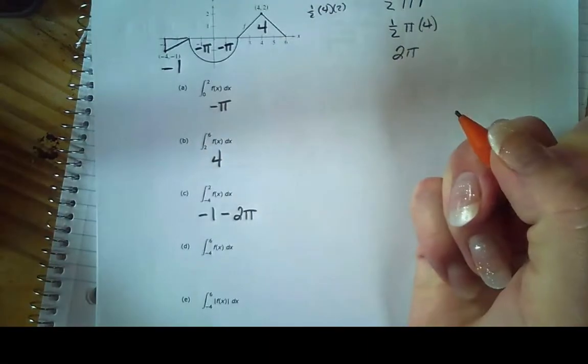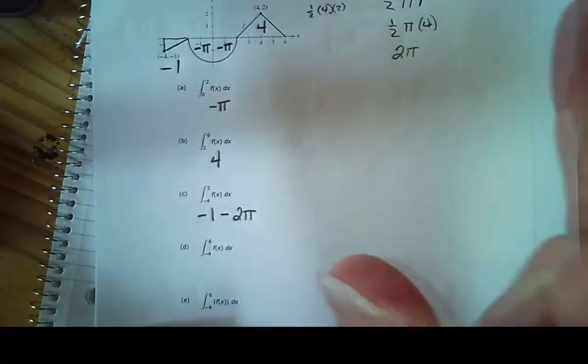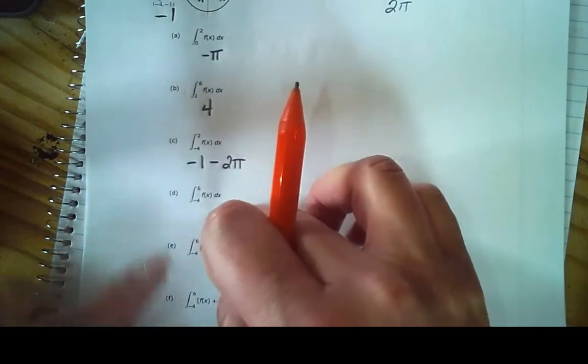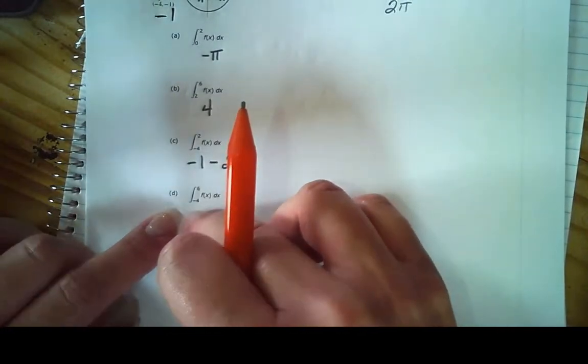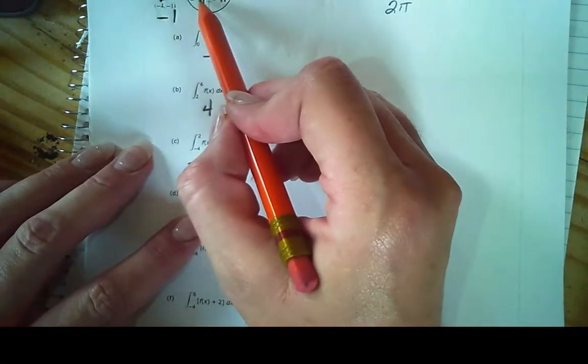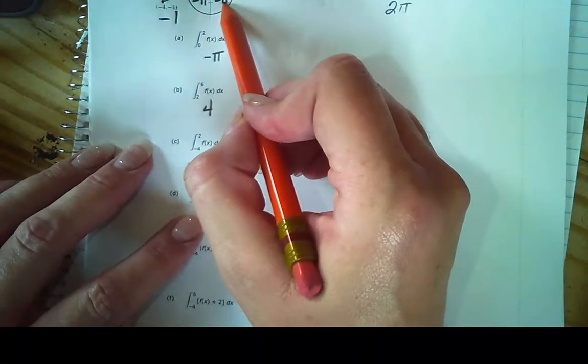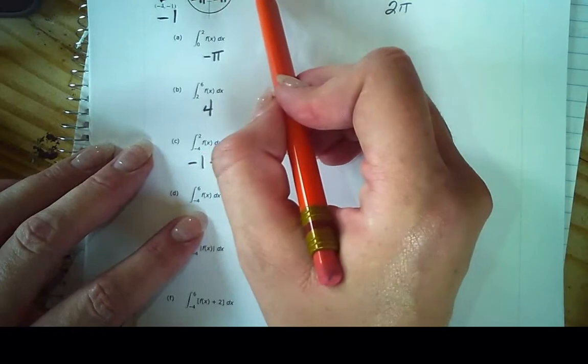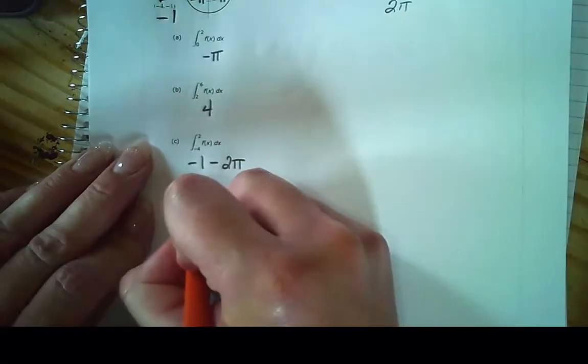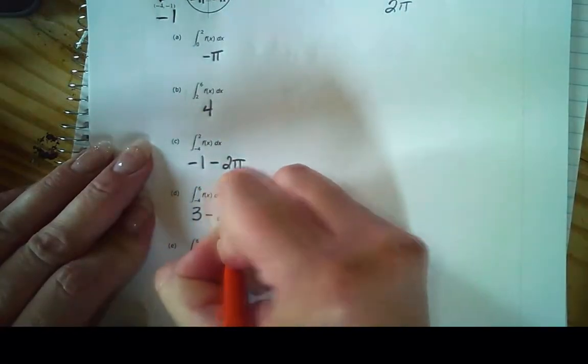It's a negative area, which just means I'm under the axis. What is all of the area from -4 to 6? It's -1, -pi, -pi, 4. So when I add the 4 and -1, and then I still have my negative 2 pi.